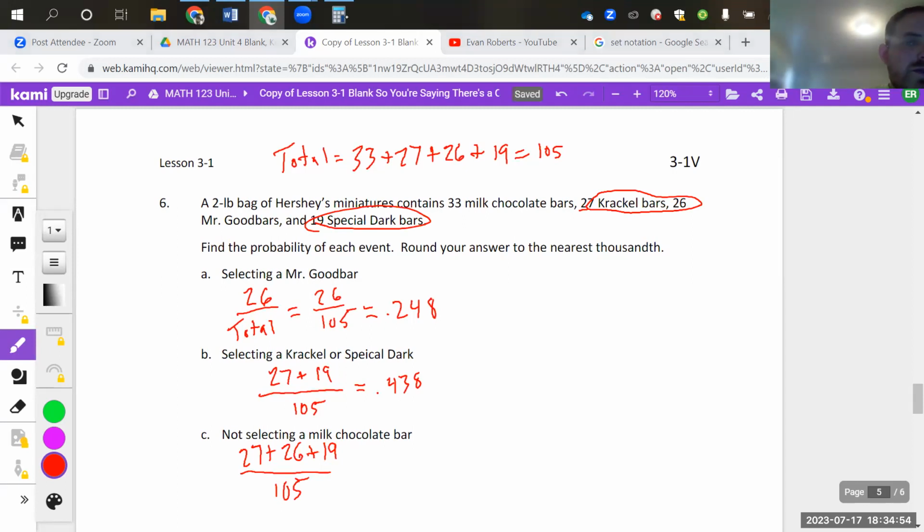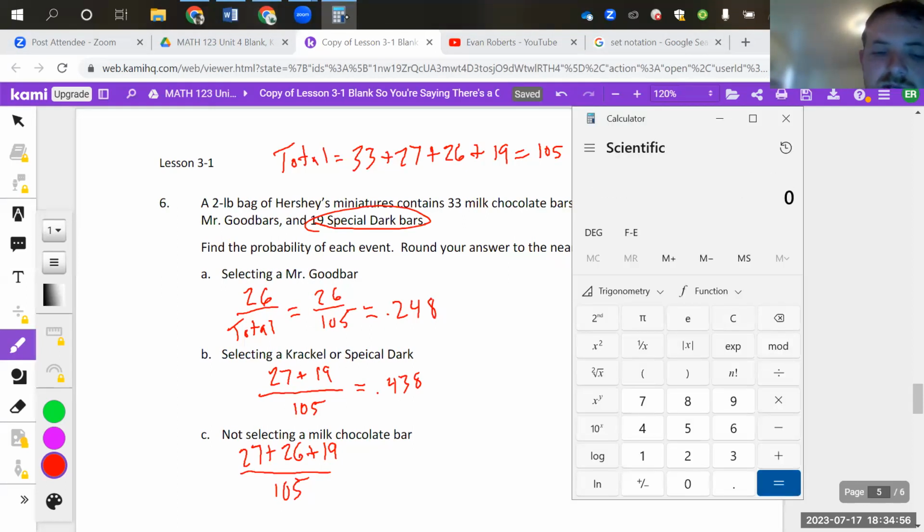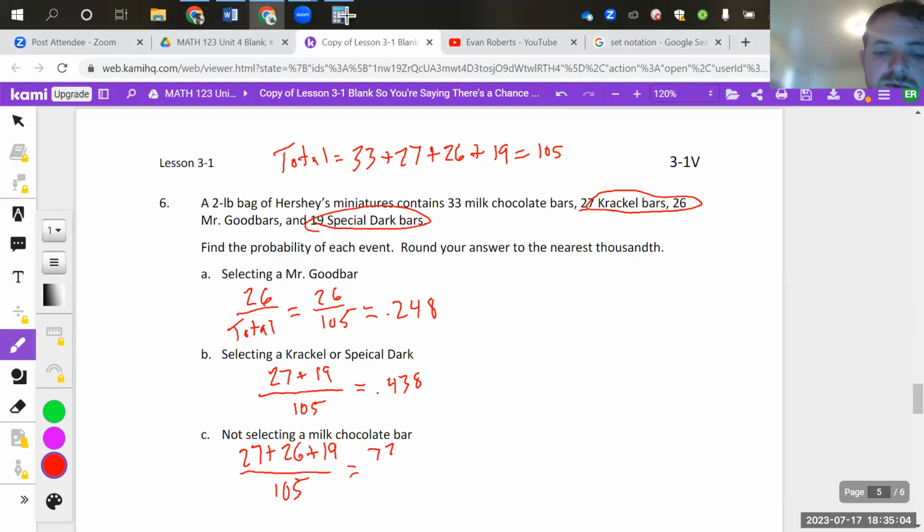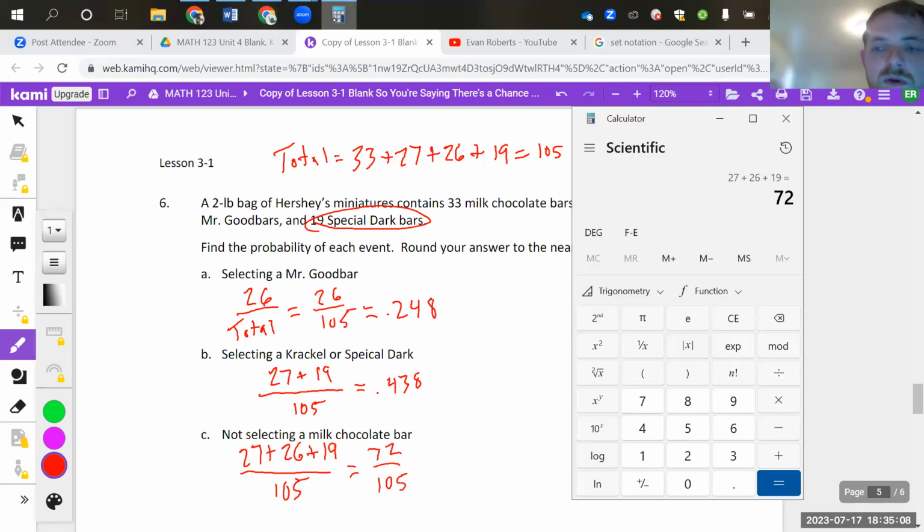Which, if you do that, you get 72. Which, dividing that by 105 gives you 0.686.